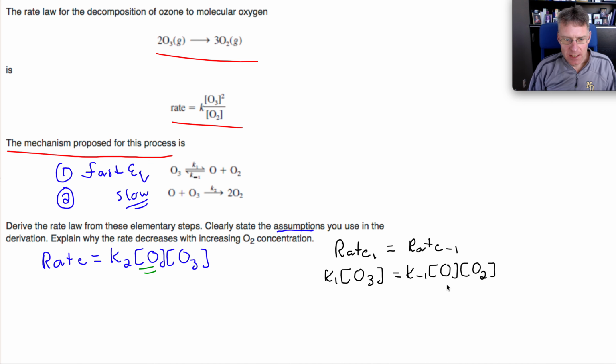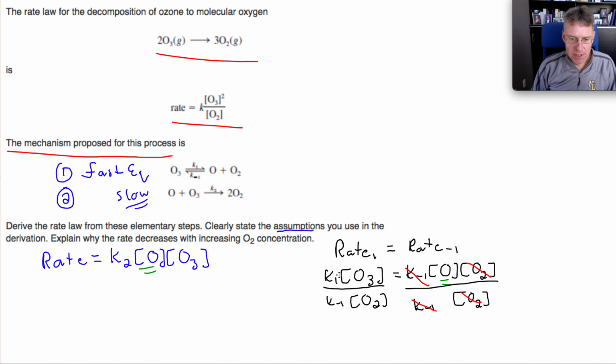We want to isolate this for our intermediate. So I have to get rid of K minus 1, collect our K's together, and I want to get rid of that common allotrope of oxygen. And there we have our isolation. So oxygen atoms is this expression.